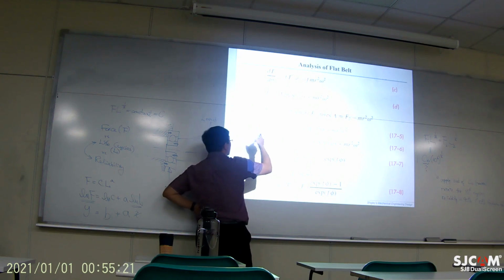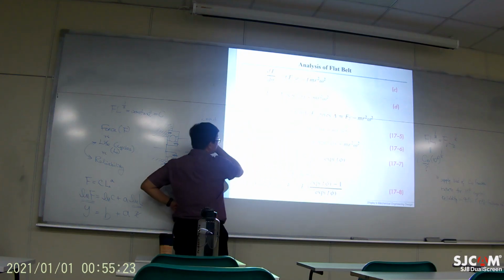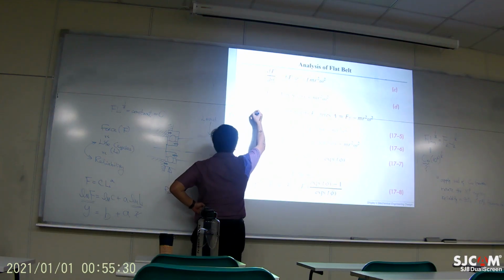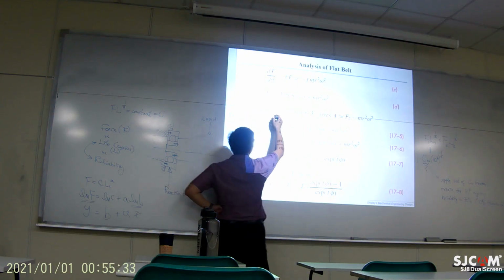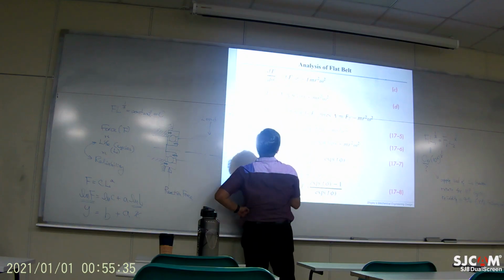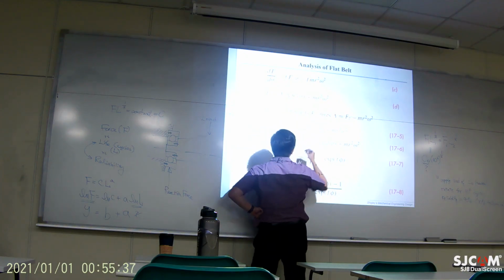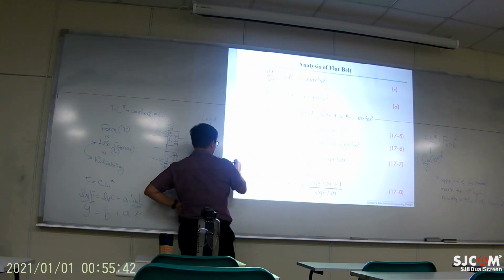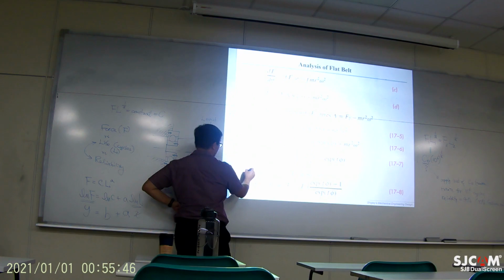In this particular set of symbols, F equals F2 when theta equals 0. Let's write here: F at theta equals 0 is F2. And let's say this is a pulley. From here, this is theta equals 0, and here is theta equals phi. Right here is F2, and here is F1.